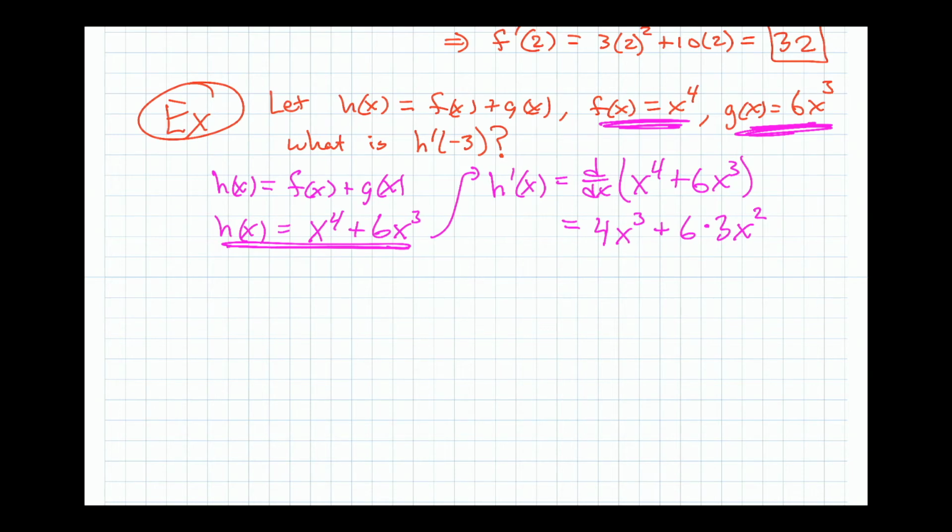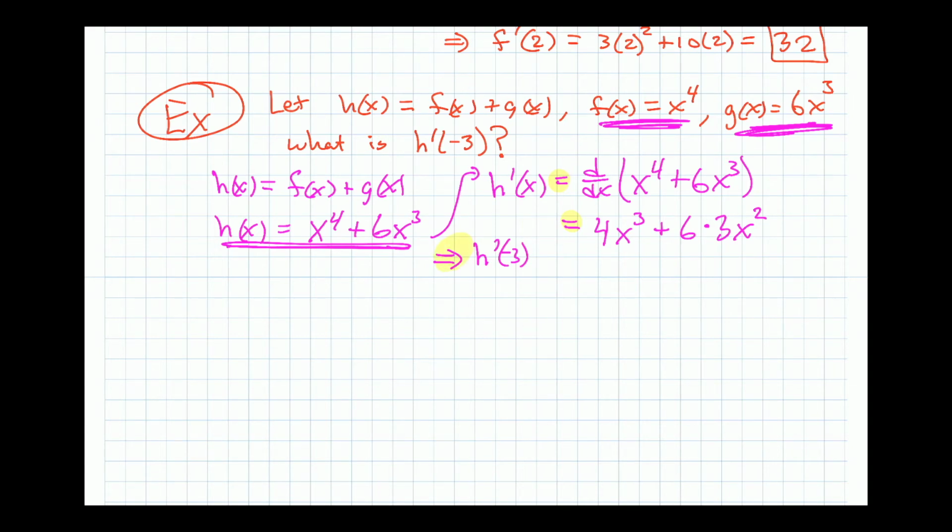Now, what are they actually asking for, though? They don't want that. They want a number. So they want h prime of minus 3. Right? So notice that the way I'm writing this, I have equal signs here and here. But then I don't have an equal sign out in front here, right?